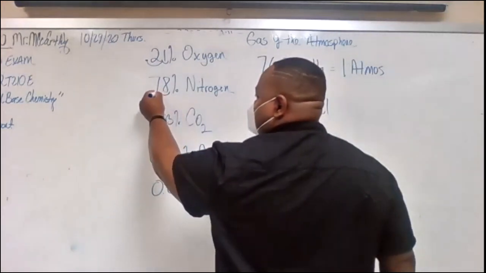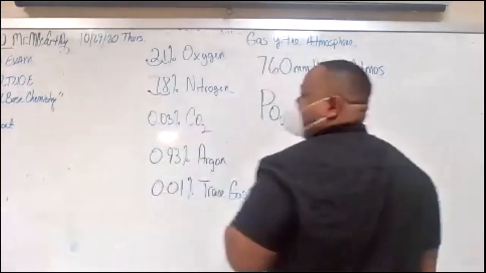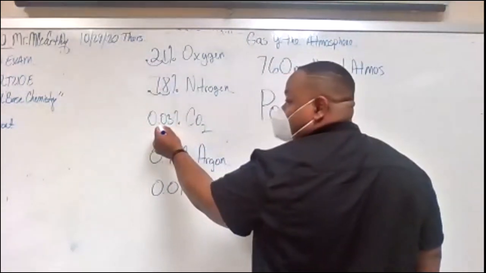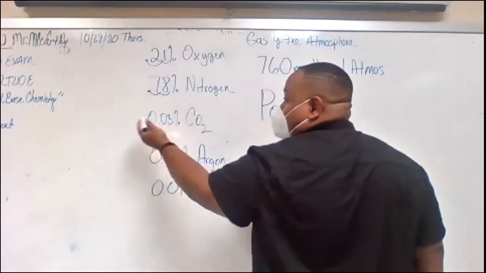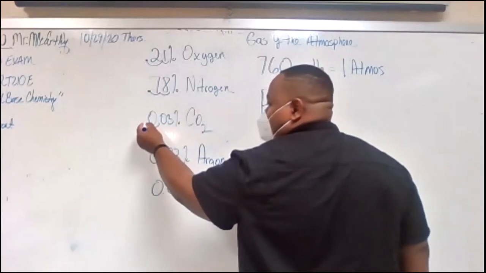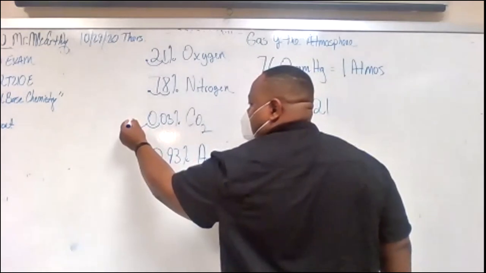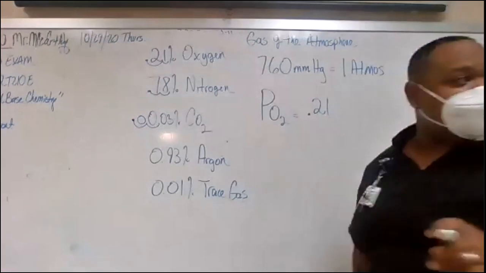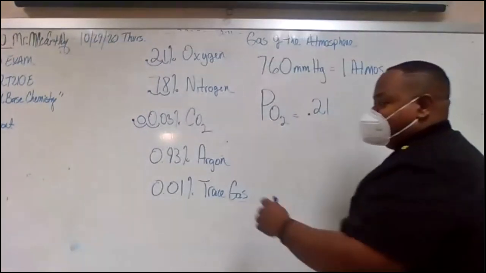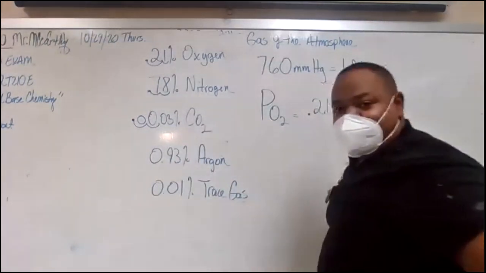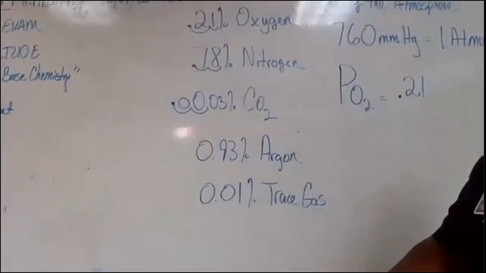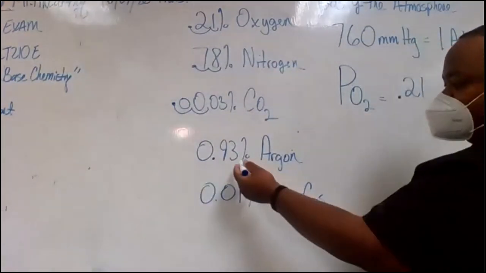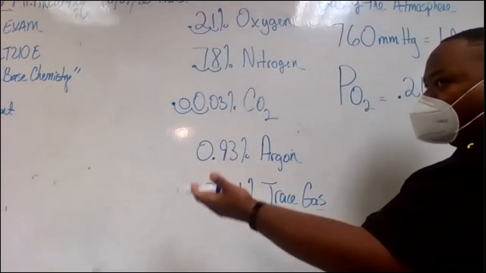Nitrogen would be 1, 2, 0.78. CO2, the decimal is already right here, because this is not even a whole number. So 1, 2, then it would be 0.0003. And argon already has a decimal in the number, so it's already less than a whole number.